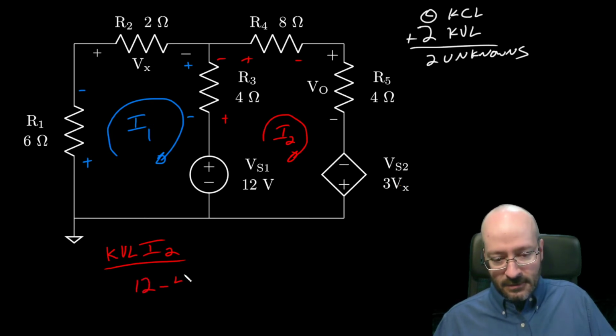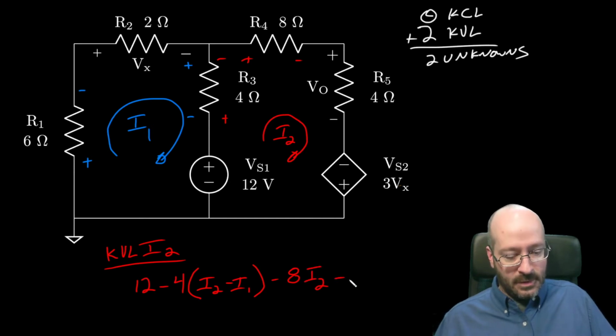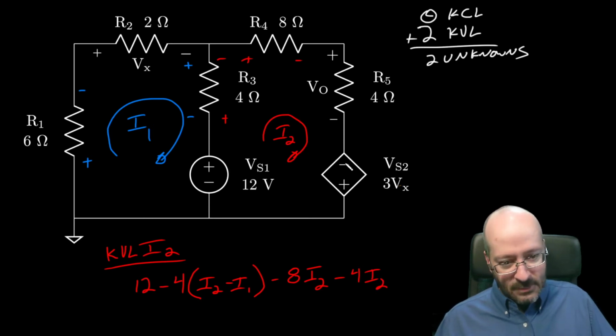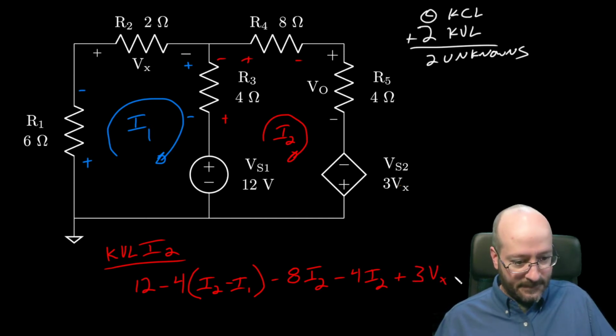We're going to go down across 4, and in this case it's I2 minus I1. We're going to go down across the 8, and we have I2, and we're going to go down across the 4 times I2, and now we're going from minus to plus, so we're going up, and we're going up 3Vx.